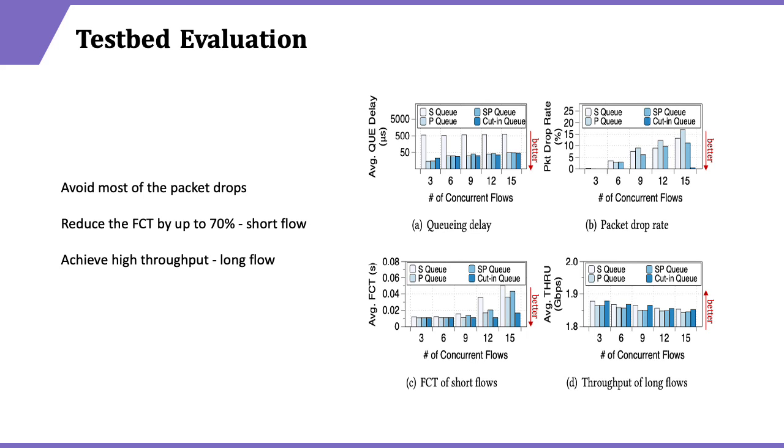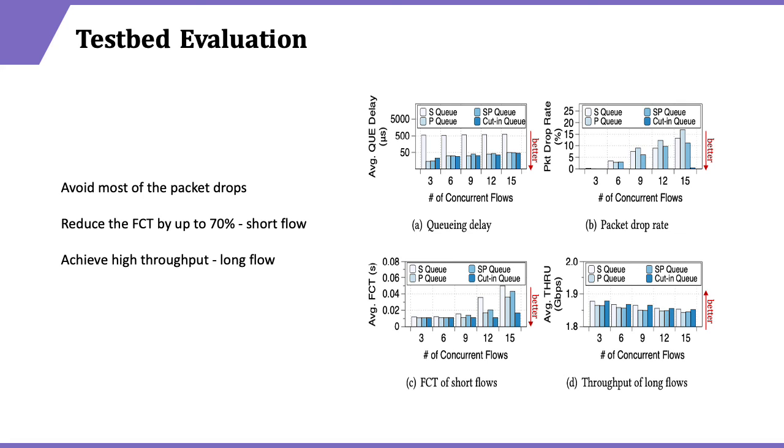When short flows are in the on period, single queue has the largest queuing delay, since short flows suffer from the head-of-line blocking brought by long flows. Priority queue and shared priority queue suffer from massive packet drops due to their inefficient utilization of buffers.